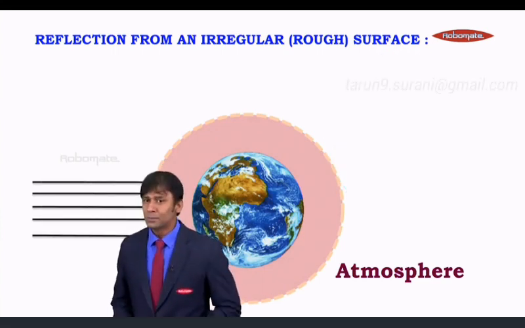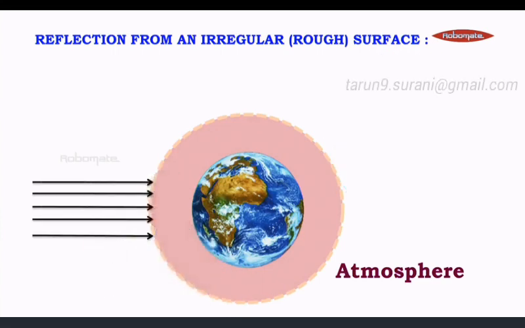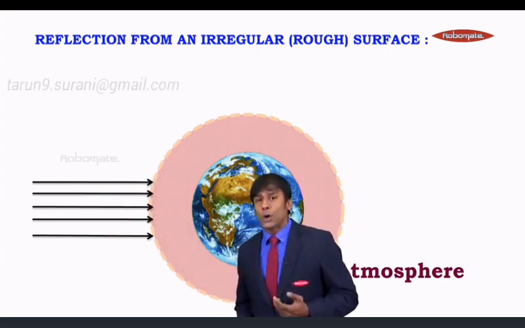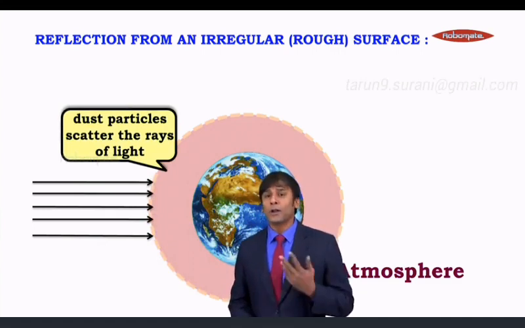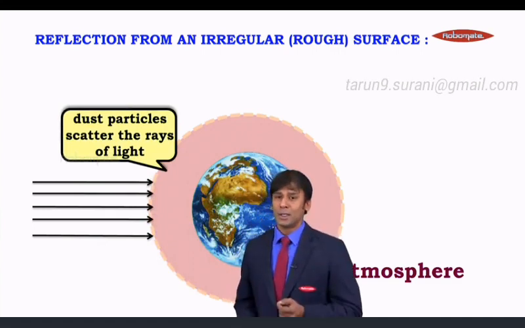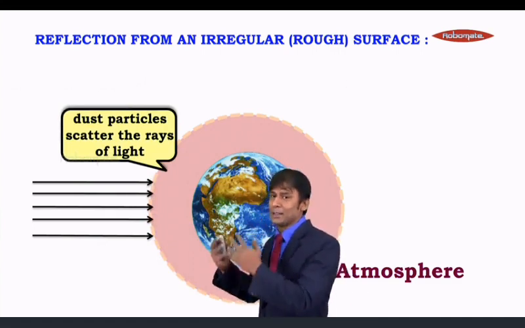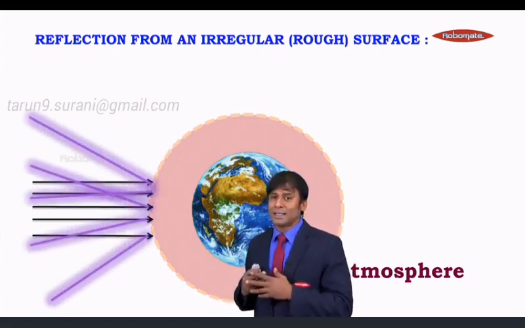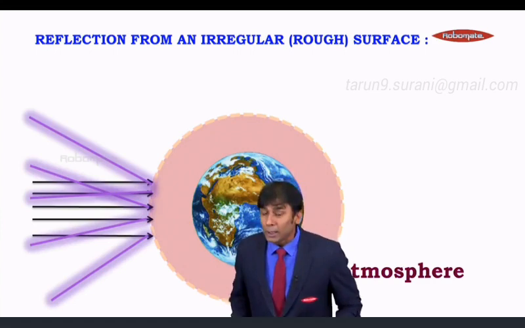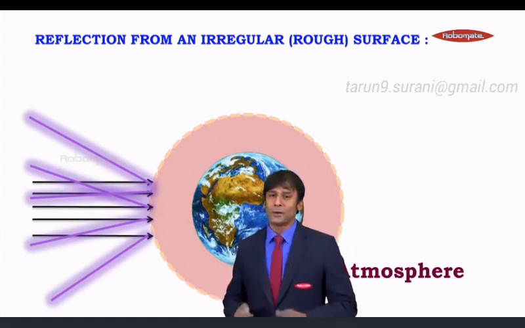Now here's the sun, and when rays of light come from the sun and they enter the Earth's atmosphere, they undergo irregular reflection. And when they undergo irregular reflection, this is because of dust particles, the rays of light get scattered. So there is scattering of rays, and that is how irregular reflection results in scattering of light.